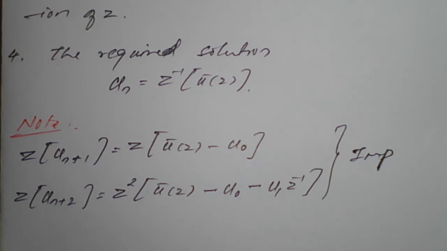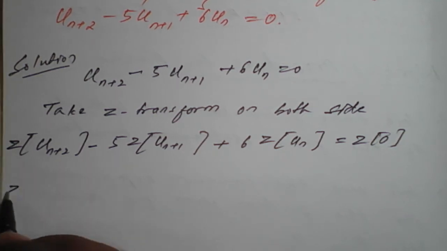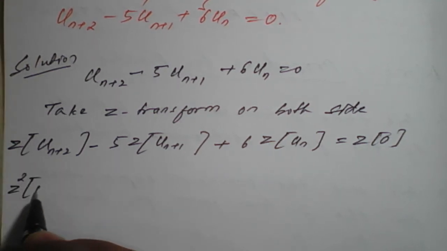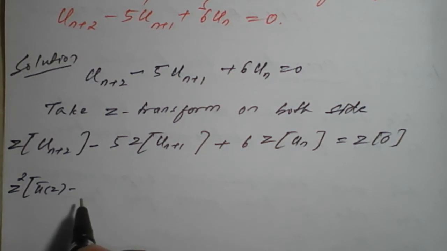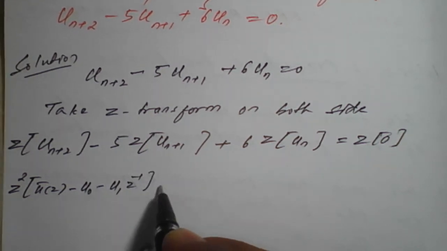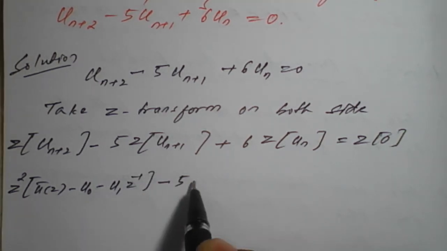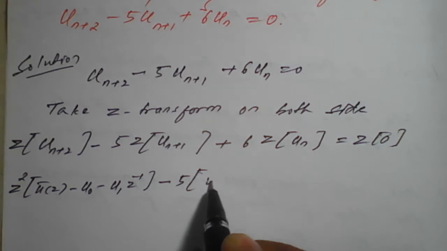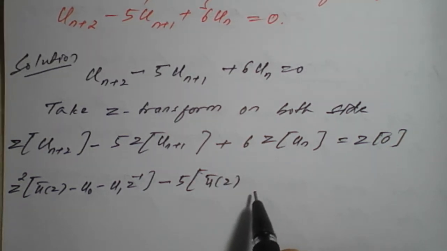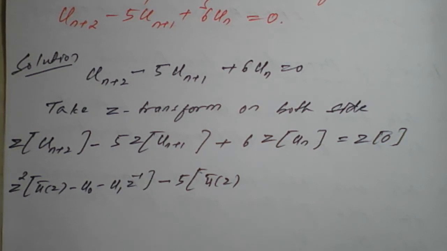These all things we need to remember while applying the example here. Now we'll see. Z transform of u of n plus 2 is nothing but Z square into u dash of Z minus u naught minus u1 of Z raised to minus 1, minus 5 times Z transform of u of n plus 1 is nothing but, I will put a bracket, it is u dash of Z. So here I will rewrite once again.